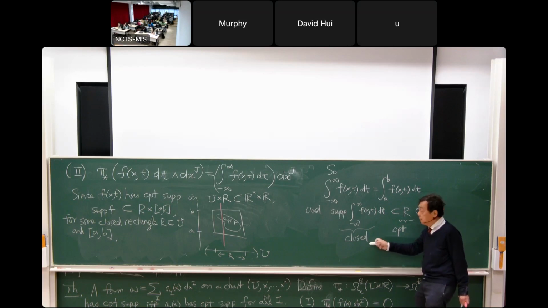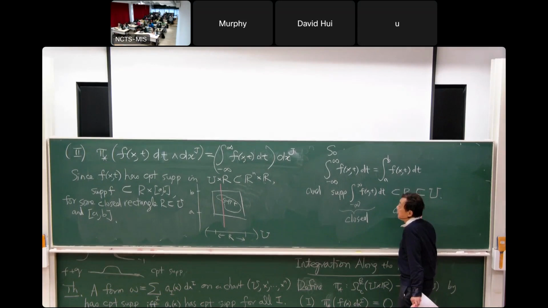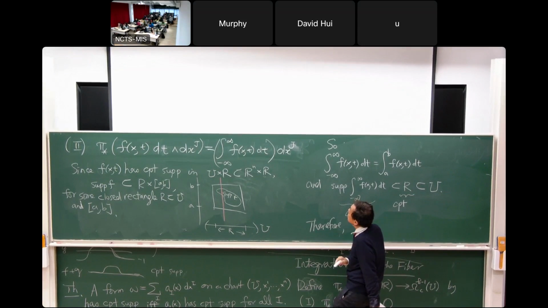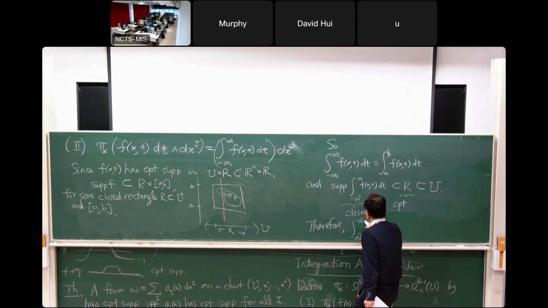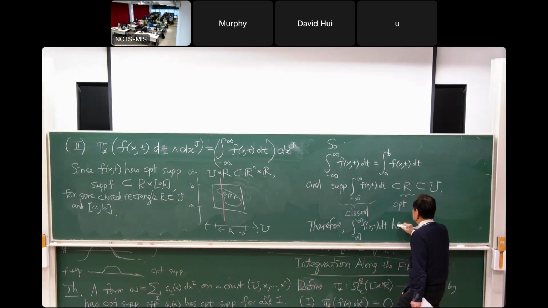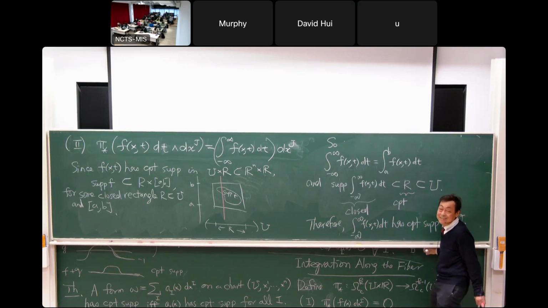So you have a closed subset of a compact set, and so therefore this integral has compact support in U.